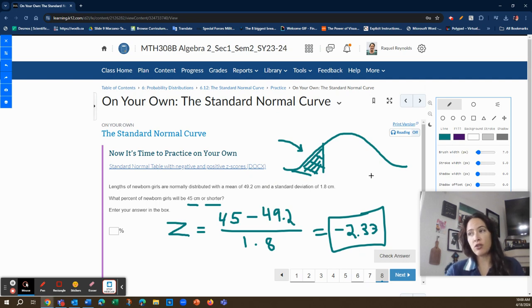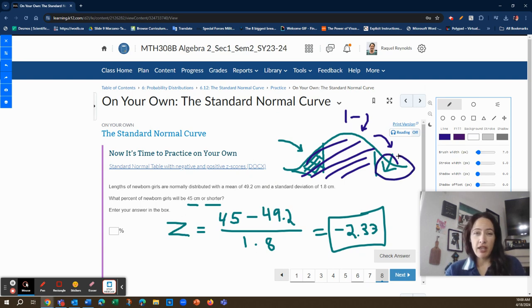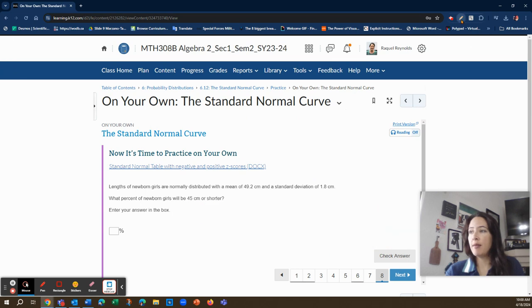Some questions ask you for the greater than, this area over here, but your table of values will give you all of this area. So to find this area, you'll have to do 1 minus that area, and it will give you this leftover area. So be careful, be creative, looking at where you want the probability to be, whether it's greater than, less than, or maybe sometimes in between. You're going to have to figure out what values you add, subtract, and I can help you with that.